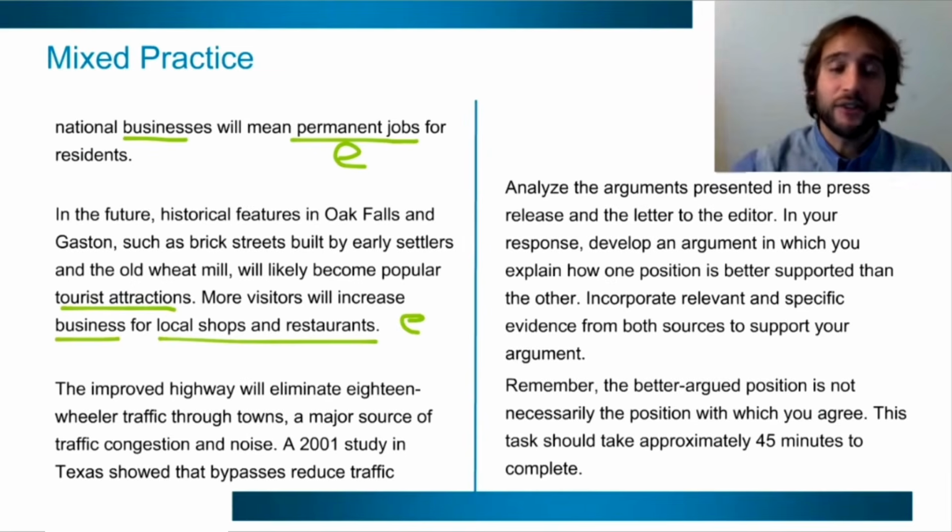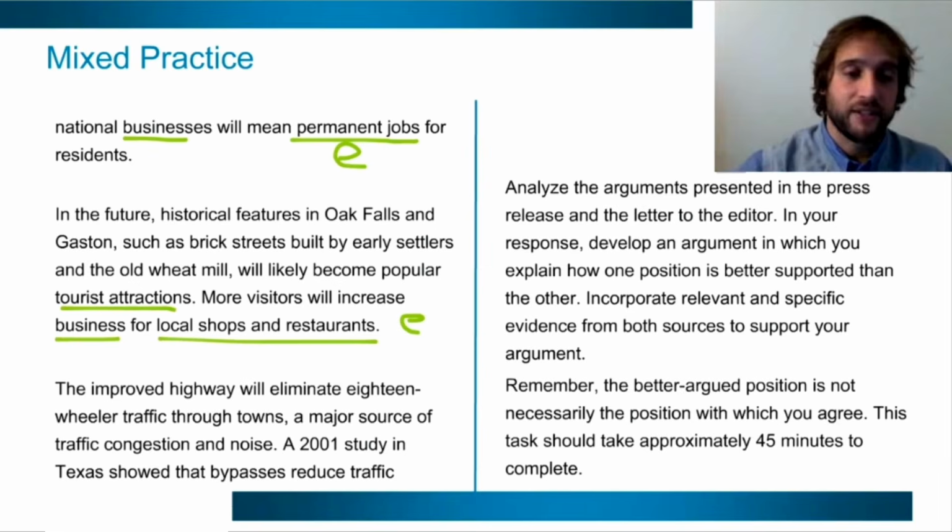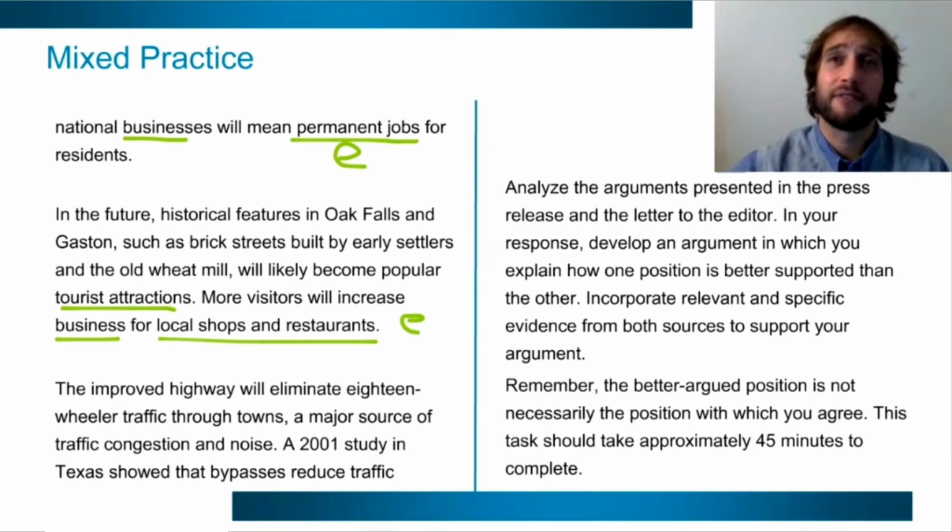All right, we get another angle in the last paragraph on this page, which is not necessarily a benefit in terms of jobs and money and businesses, but in terms of noise pollution, right? We could cut down on traffic congestion and noise. Now look what happens here. At the end of this paragraph, we get a 2001 study.